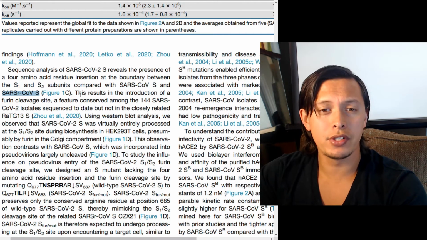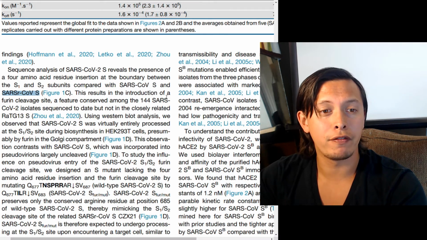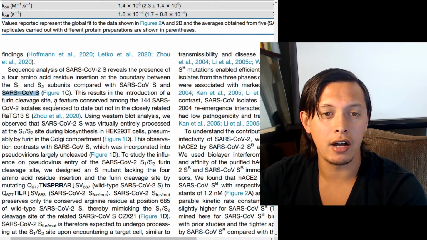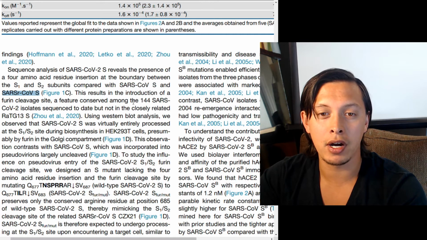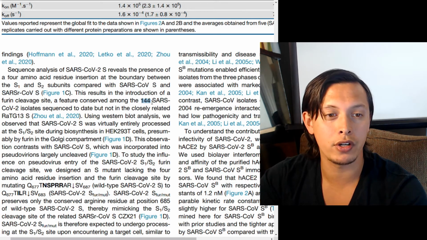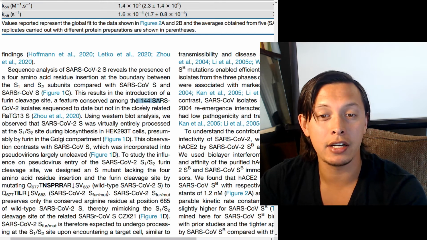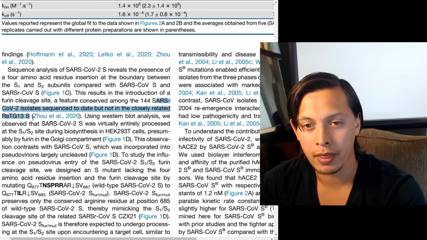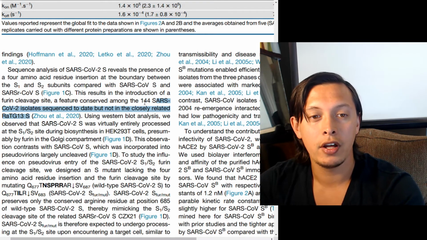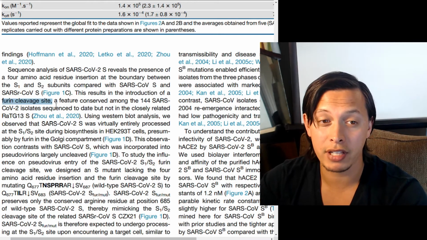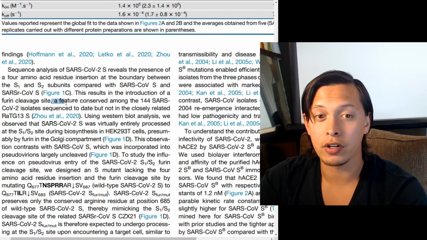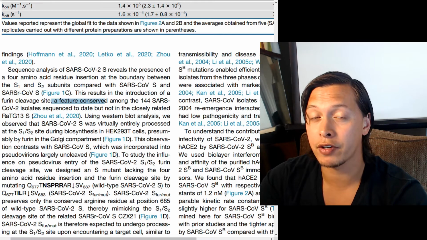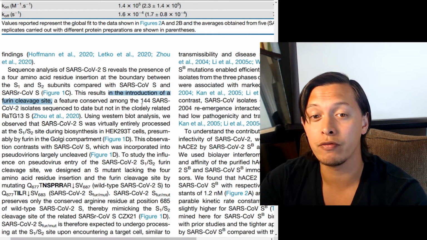This results in the introduction of a furin cleavage site, a feature conserved among the 144 SARS-CoV-2 isolates sequenced to date, but not in closely related RaTG13 spikes. So what they're saying is this furin cleavage site is a feature found in up to 144 SARS-CoV-2 isolates.